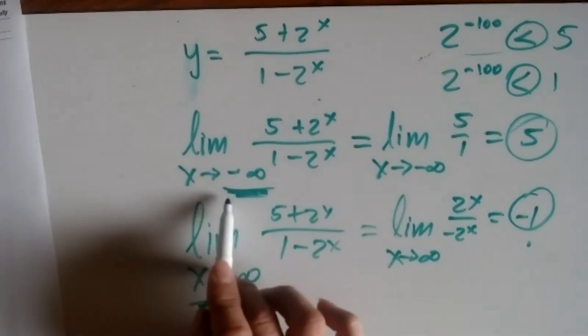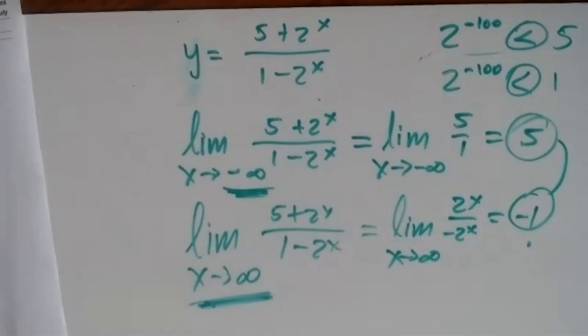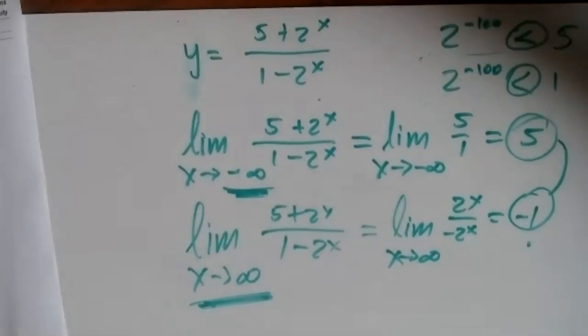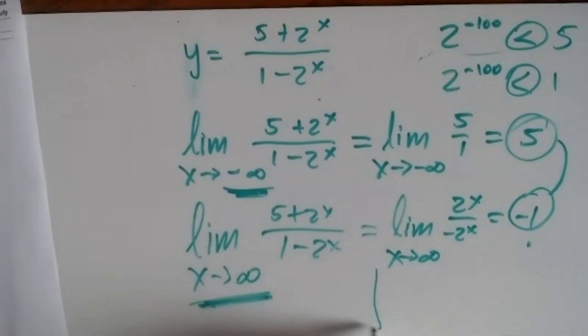If you take the limit to the left, you get 5. So the answer is you have two asymptotes, 5 and negative 1. The horizontal asymptote goes in both directions, acuérdense. The graphs are this one, x and y. So you go this way or in this direction, up and down.